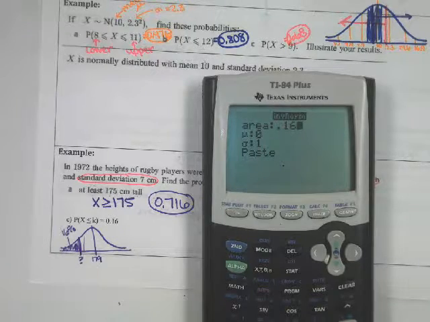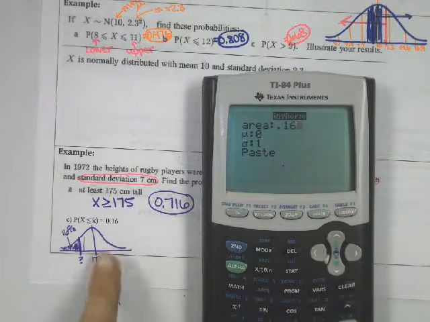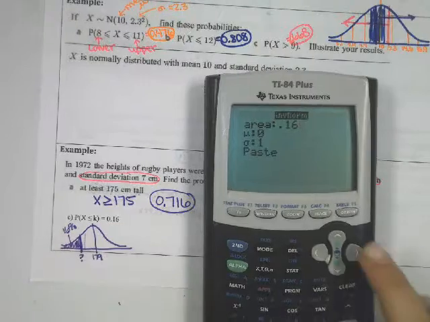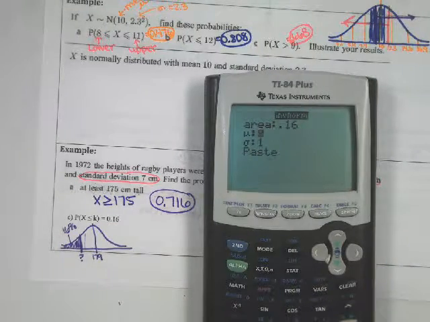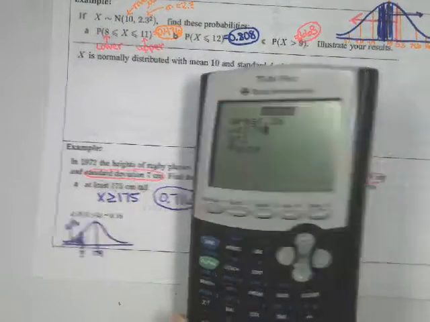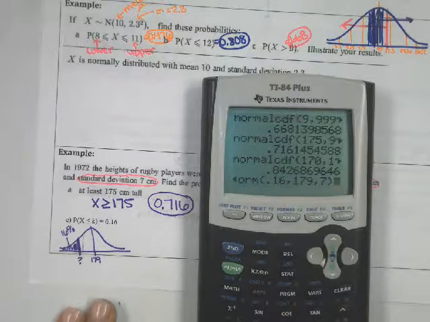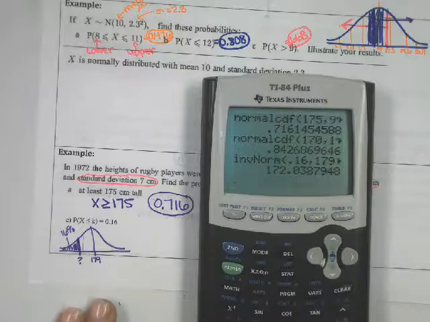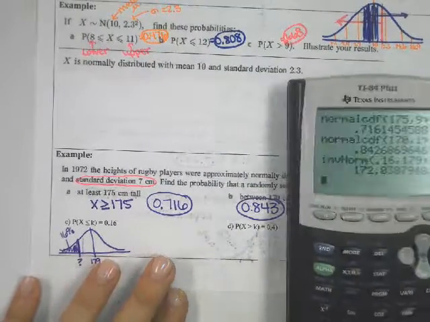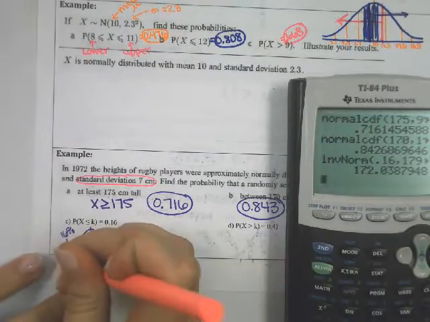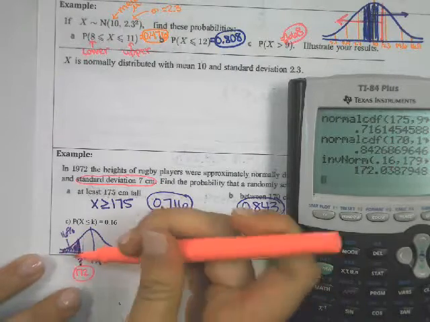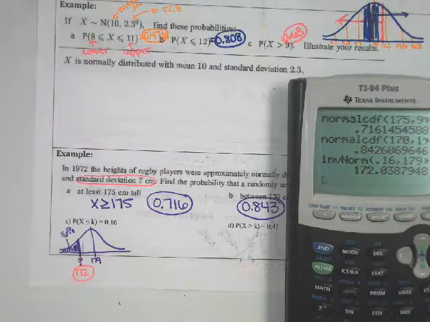So in this case, our area is 0.16. That represents this 16%. Our mean is the 179, and our standard deviation is 7. So this tells me 172. So out of 172, 16% of data is smaller than that.